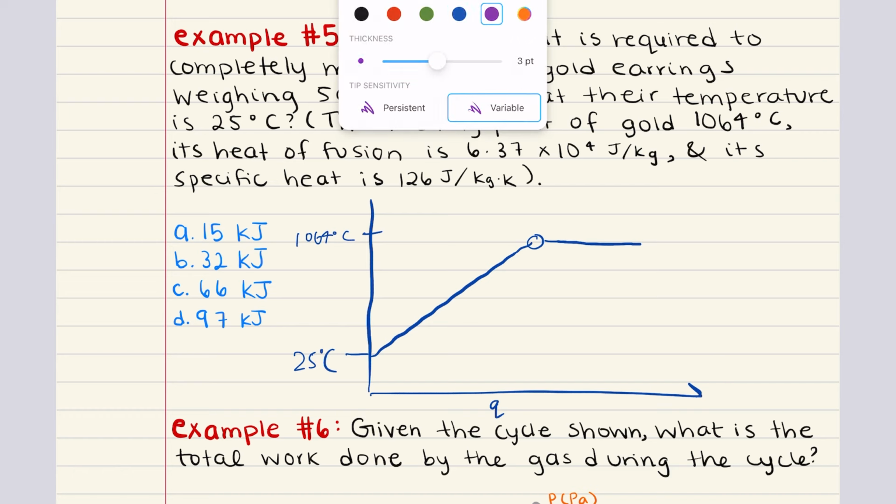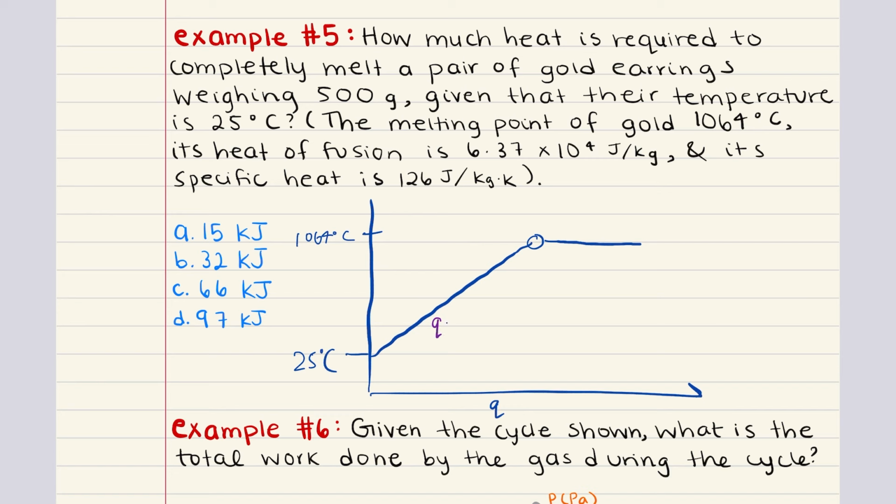Now, for this first portion, we're going to be using our equation mc delta T. Here, m is the mass of the substance, c is the specific heat capacity, and delta T is the change in temperature. We're given all of the information we need to calculate the heat required for this segment.